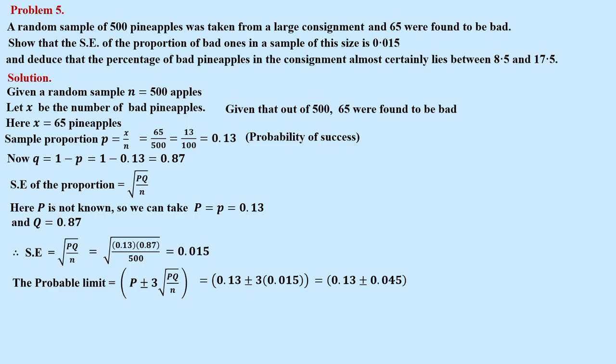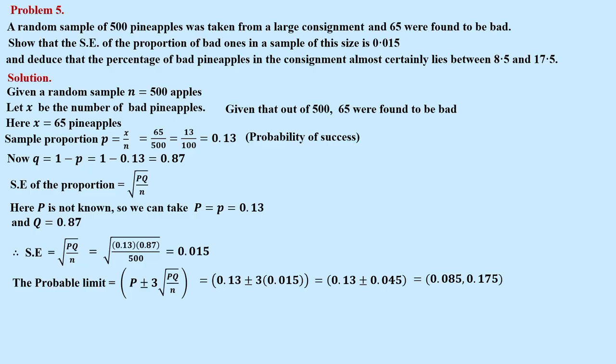First you take the minus value: 0.13 minus 0.045, that is the lower limit, which is 0.085, and 0.13 plus 0.045, that is equal to 0.175, that is the upper limit.